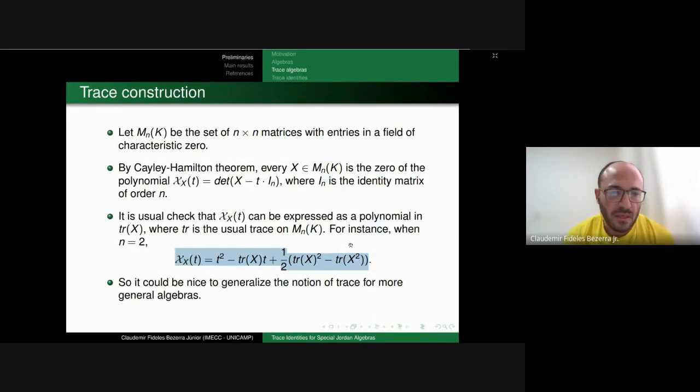So it could be nice to generalize this notation to more general algebras.